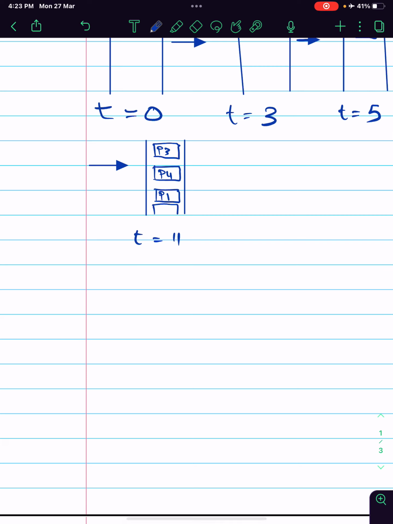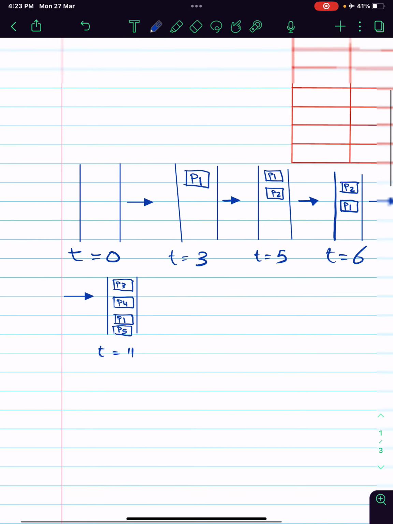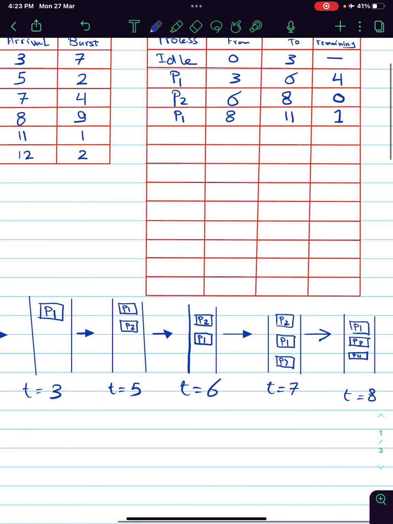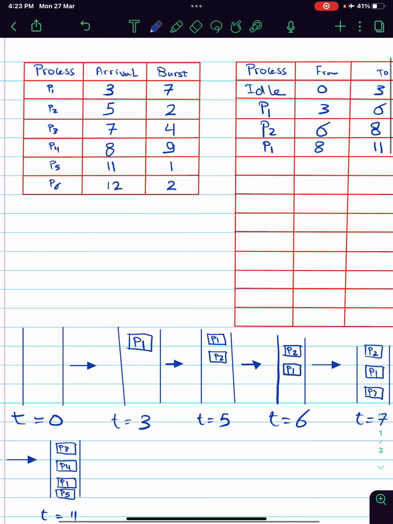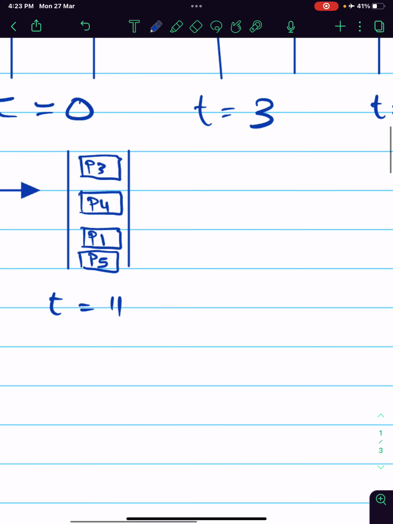Someone can ask me, why P1 and then P5, not P5 and then P1? Because they both happened at the exact same moment. In this particular case, P1 finishes execution and you have P5 as an arrival. Which one comes before the other in the queue doesn't matter.